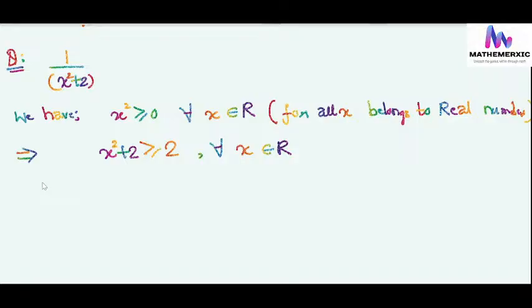So greater than or equal to 2 is there, but obviously it will be less than infinity because we can't say it is infinity, right? So we can say here it is greater than or equal to 2 but less than infinity. And if I divide, it will be what, half.